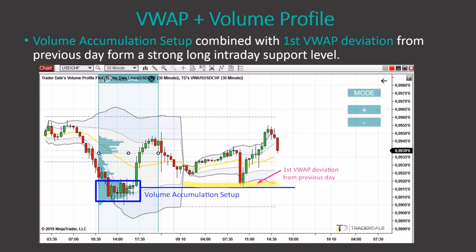This is a 30-minute chart, US dollar Swiss franc. What we had in here was also a heavy volume area created in this little rotation right there. As you can see, there were heavy volumes created there.